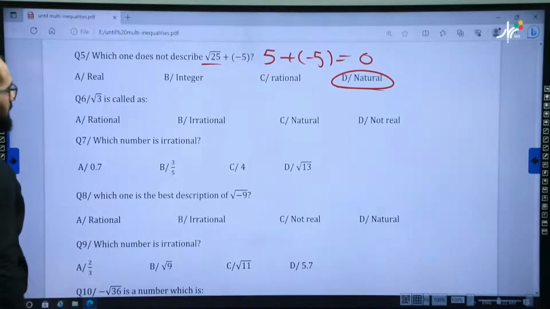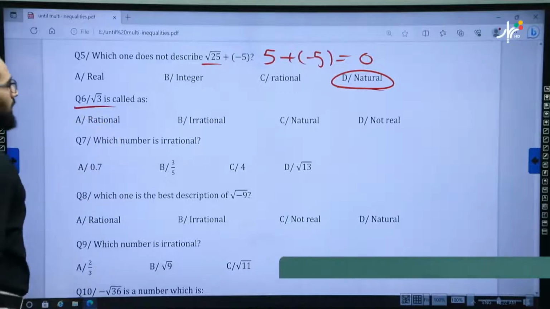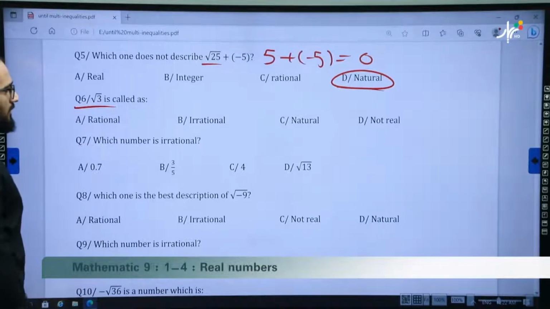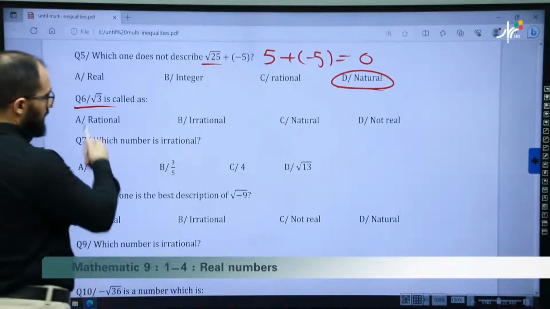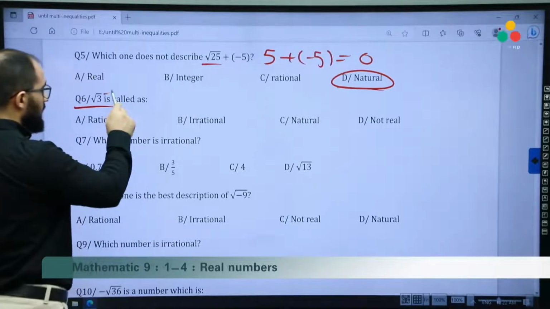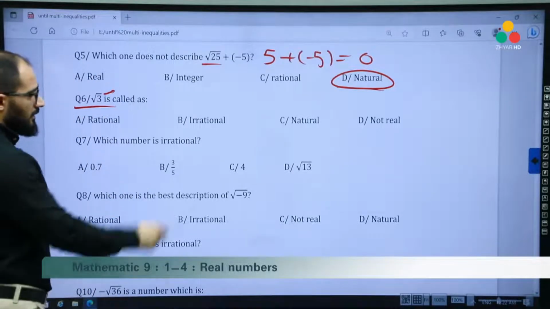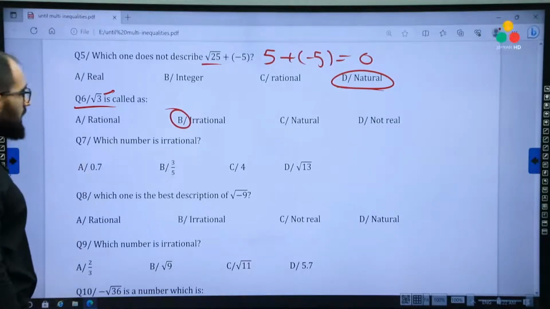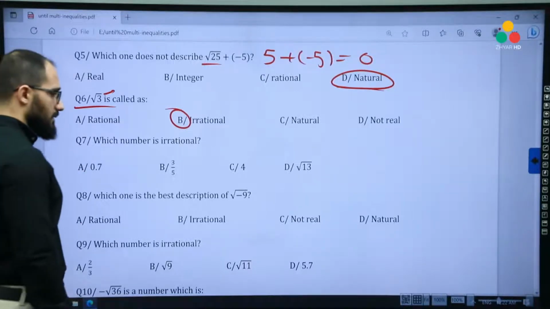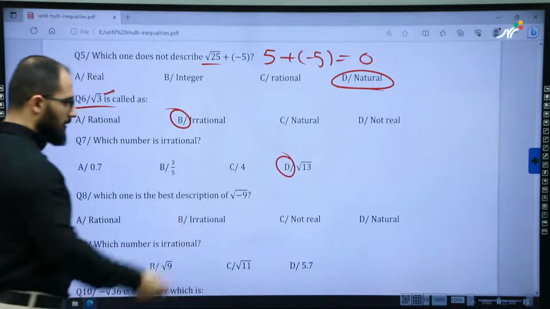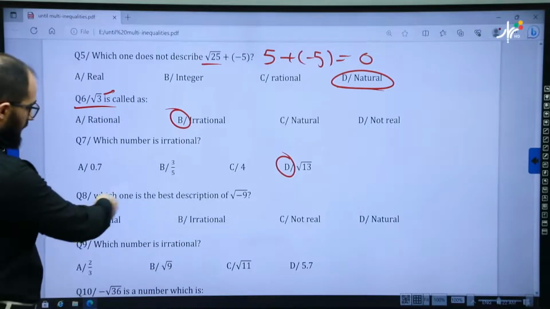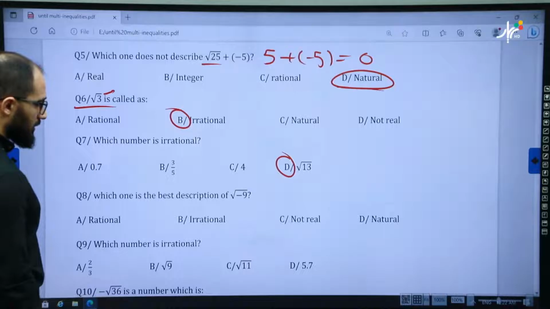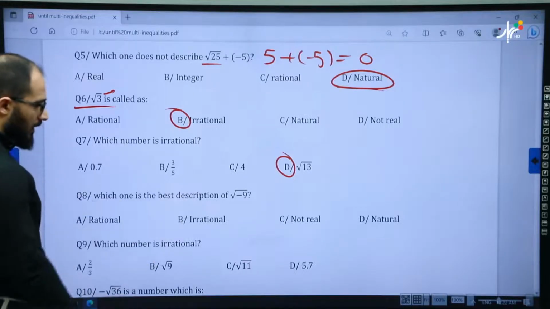And question 6, what is the square root of 3 called? Because 3 is not a perfect square, it is going to be irrational. Question 7, which number is irrational? Again, it is D. All the questions are repeated. Question 8, which is the best description of the square root of -9?